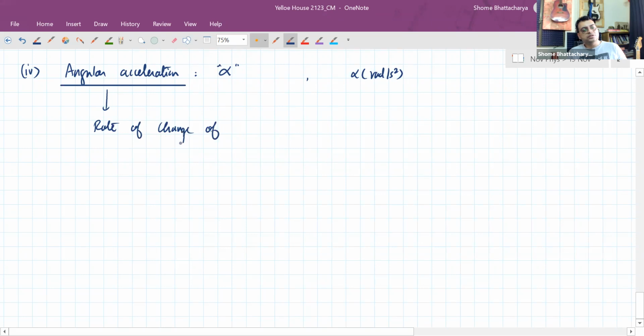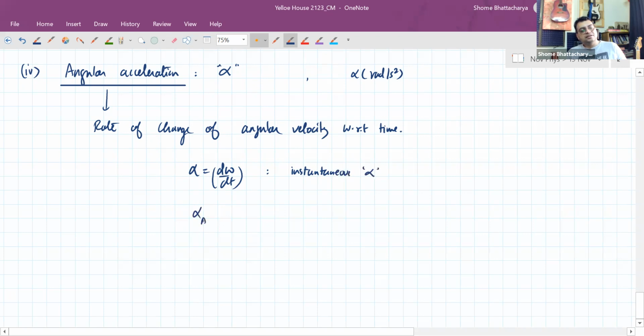So angular acceleration is defined as the rate of change of angular velocity with respect to time. So alpha is d omega by dt. This is the instantaneous angular acceleration.